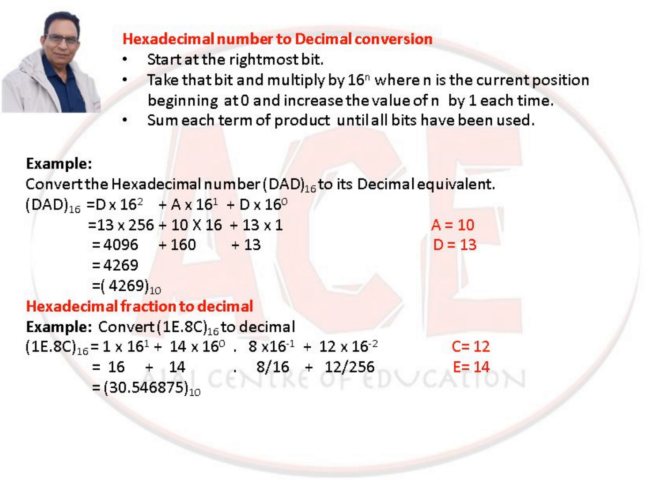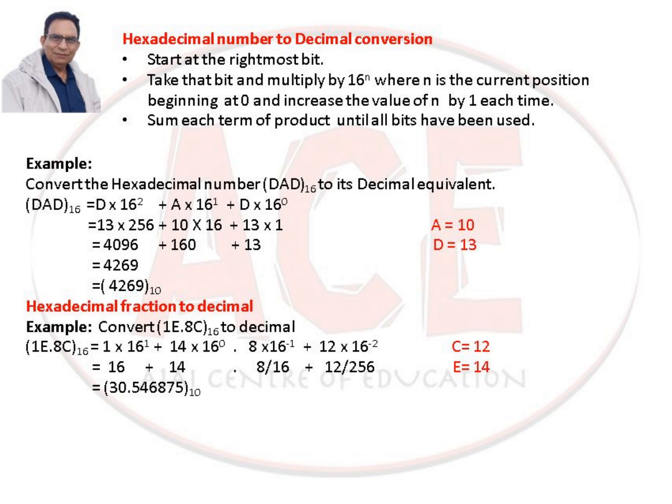After substituting the values of A and D, we are getting 13 into 256 plus 10 into 16 plus 13 into 1. Summing all these values, we are getting 4269, and this is our decimal number.